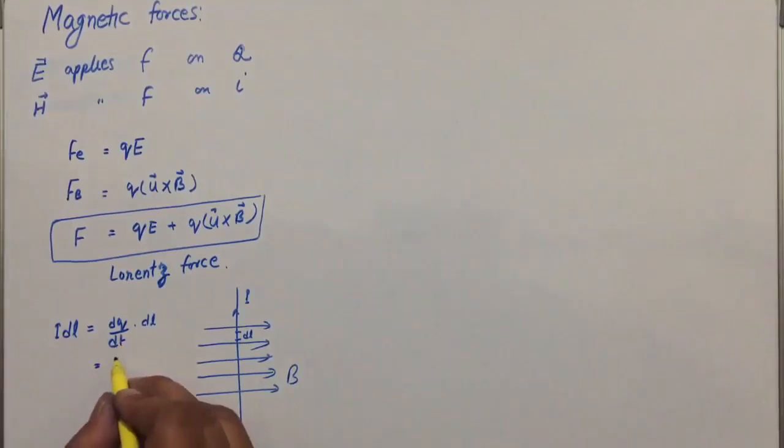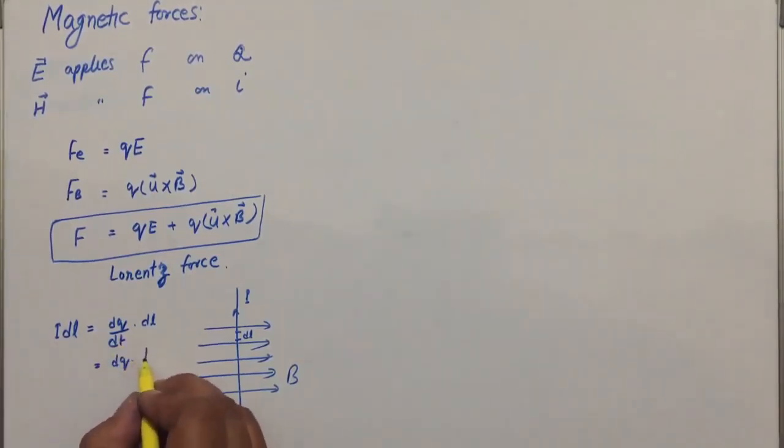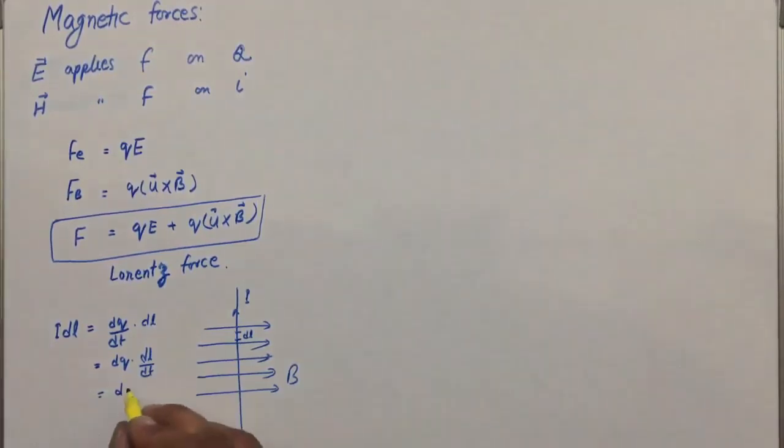From here we can say dq times dl over dt, the rate of flow of the charge, so dq times the velocity of the charge.